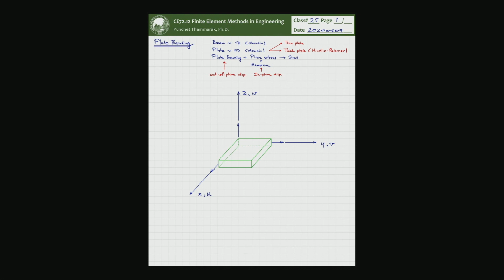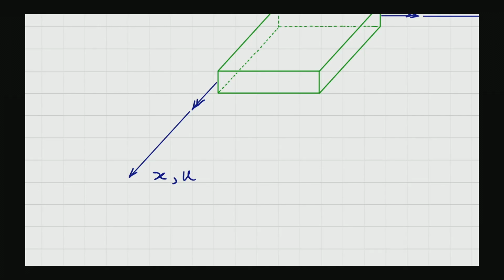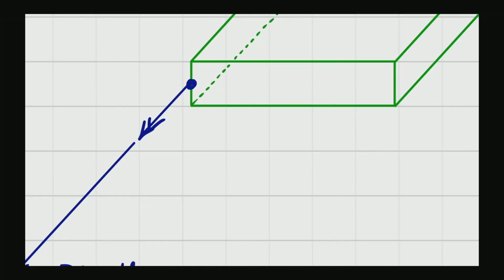The u and v are not the displacement at the centroid or center of the thickness through x and y. No, it is caused by the bending behavior, pretty much like this.